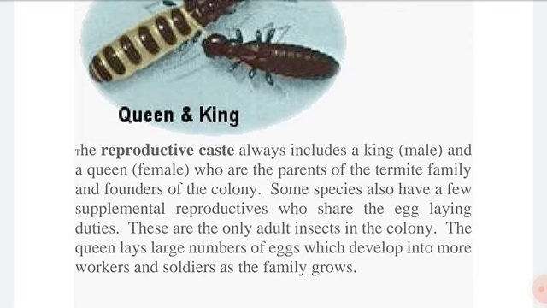Some species also have a few supplemental reproductives who share the egg laying duties. These are the only adult insects in the colony. The queen lays a large number of eggs which develop into more workers and soldiers as the family grows.